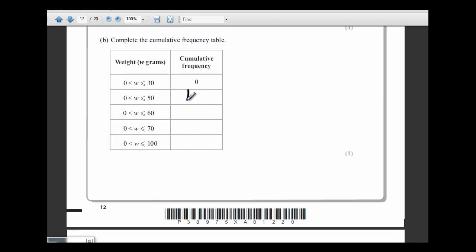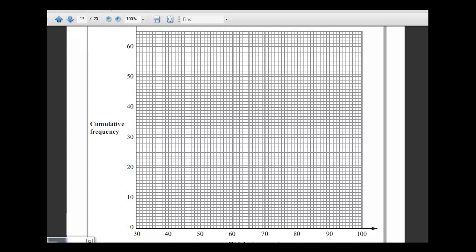We're then asked to plot a cumulative frequency, or finish the cumulative frequency table. So this is just going to be up to 50 we have 14, up to 60 we've got 30, to 70 we've got 51, and then 60. We then just need to plot these on a cumulative frequency graph.